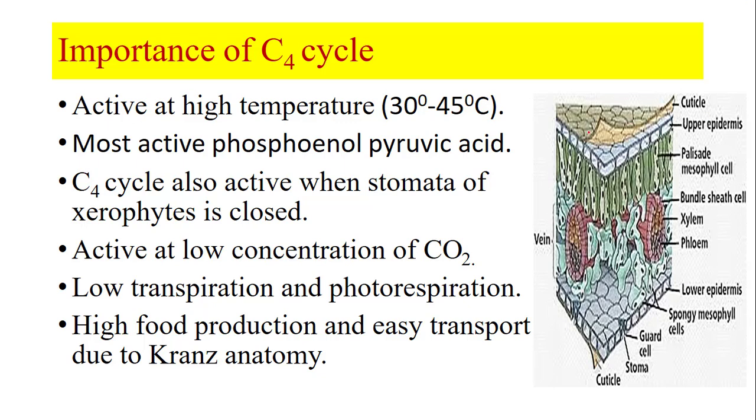As a result, photosynthesis is continued in bundle sheath cell, and glucose is synthesized in this bundle sheath cell. Easy transport due to phloem. Here glucose is synthesized and then glucose is easily transported by phloem.